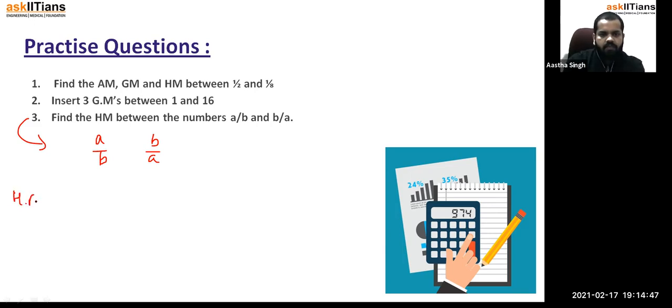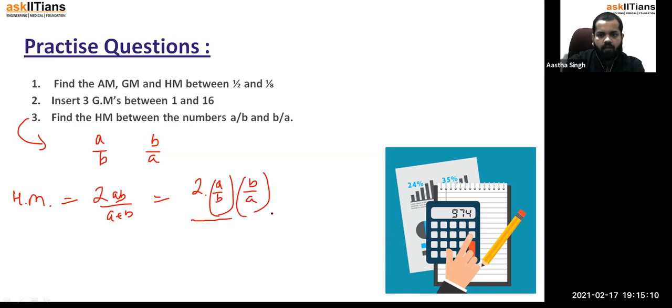You know the HM is twice of AB upon A plus B, where A and B are your numbers. What is the first number? The first number is A upon B, multiplied by the second number B upon A, upon A plus B. A plus B will be your A by B plus B by A, right?